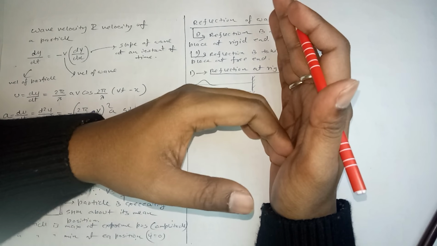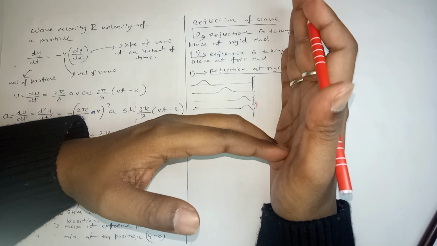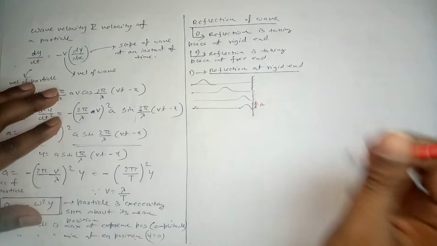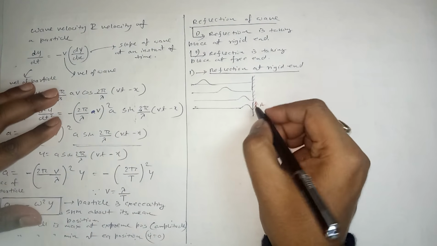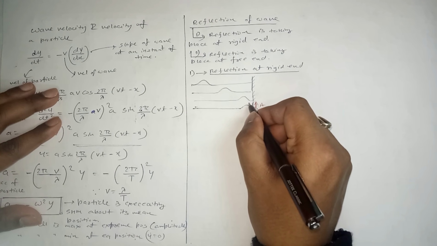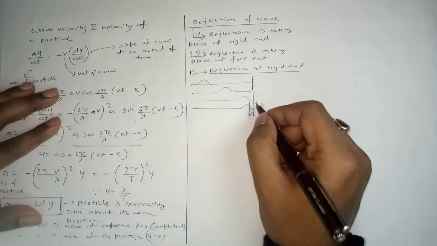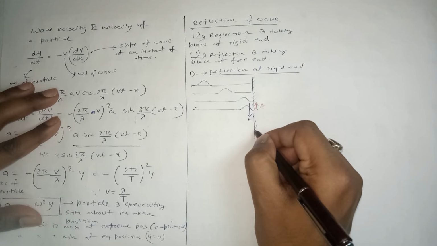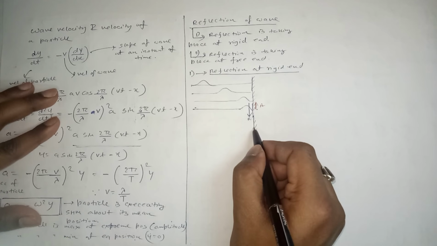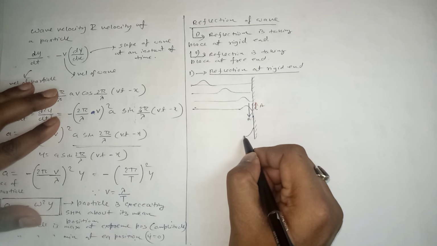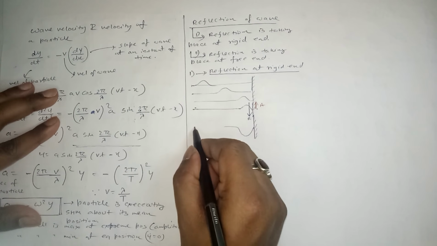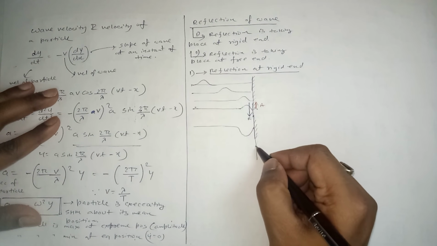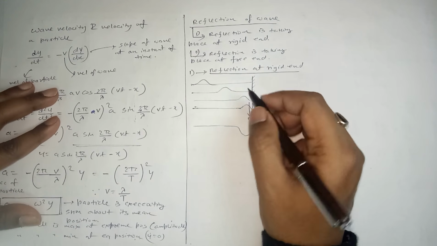So it will exert a force on the wall acting upwards. If this is your action force, then the wall will exert a force downwards on this string. This will be your reaction force. As an effect of this reaction force, a pulse will be generated in the opposite direction, of the same amplitude. The amplitude won't be unequal, it will be of equal amplitude.